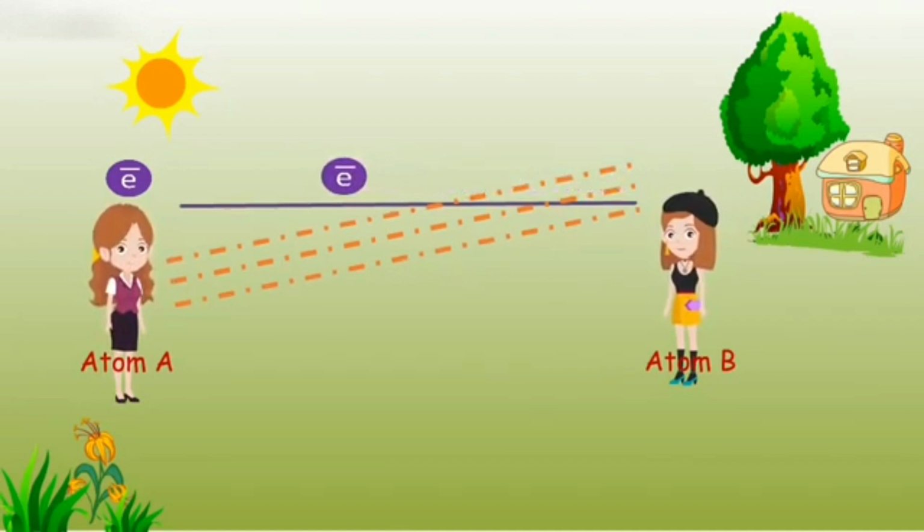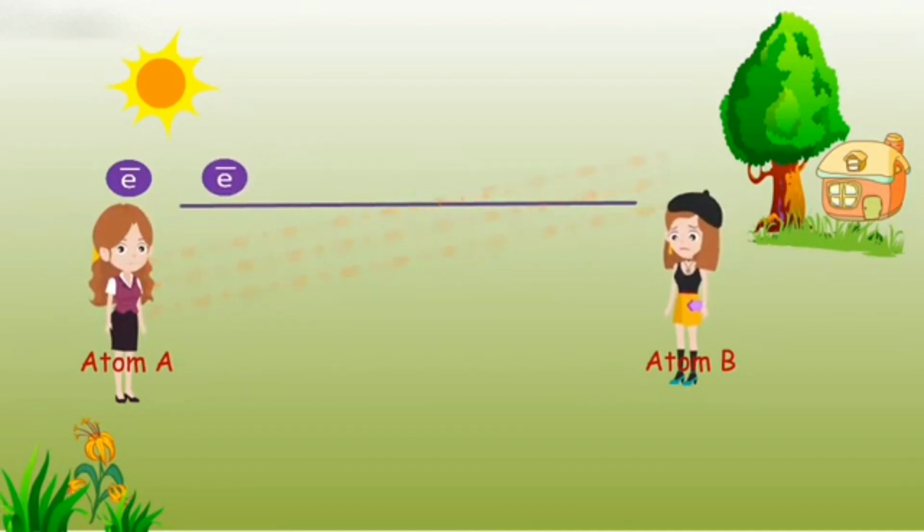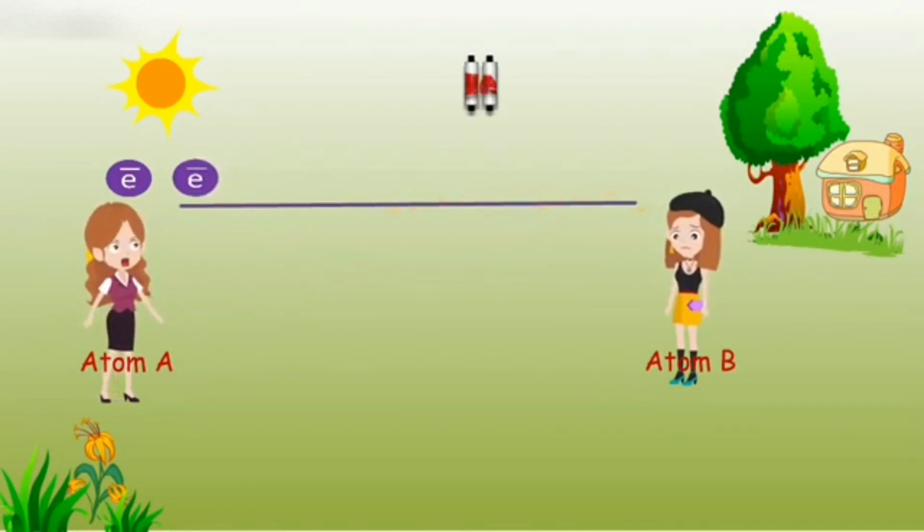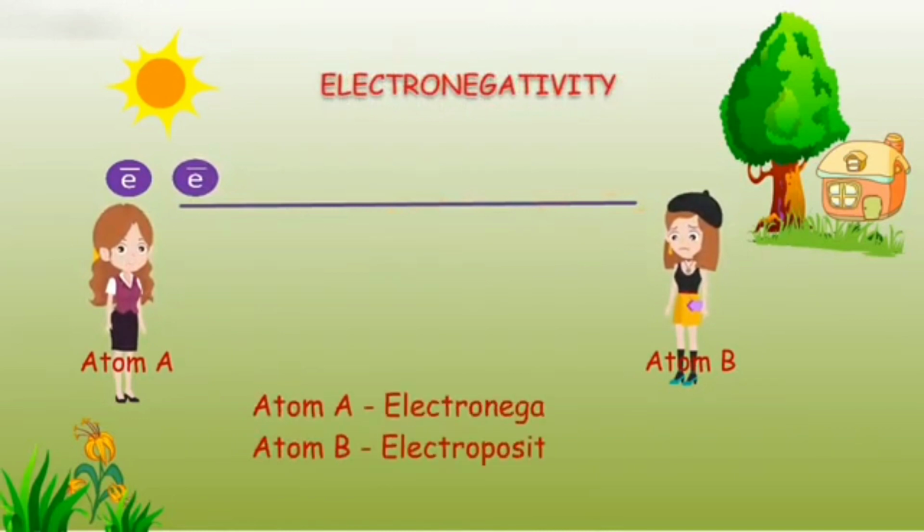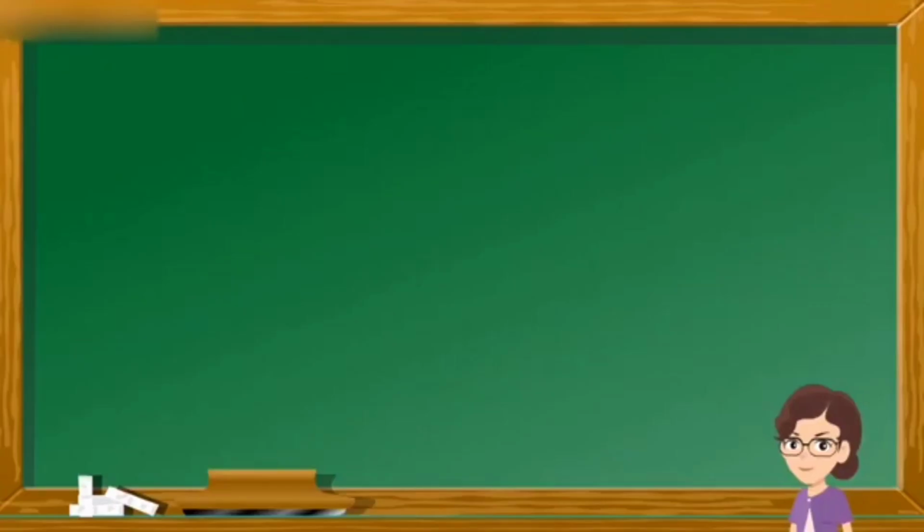It depends upon the electronegativity between the two atoms and the outermost shell of the atom. Atom A is electronegative because it tends to gain an electron from atom B, and atom B is electropositive.